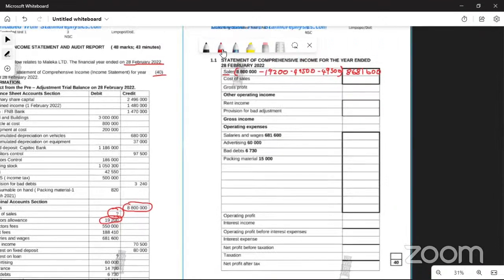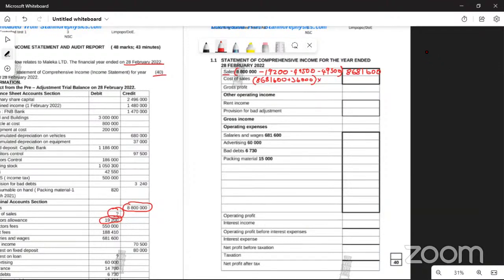To calculate the cost of sales, we are going to take the sales amount, which is the turnover, which is 8,681,600. Okay, then what we do next, we add back that trade discount, which is 360,000. Then only then do we multiply by the percentage we look for.